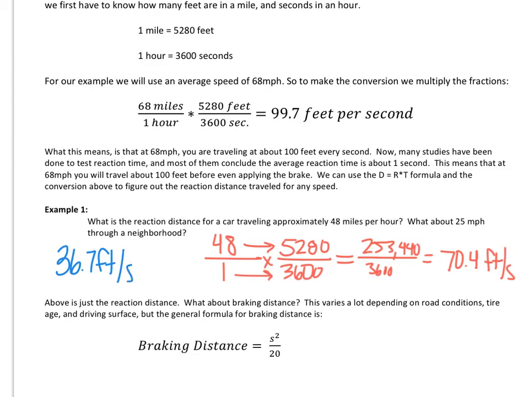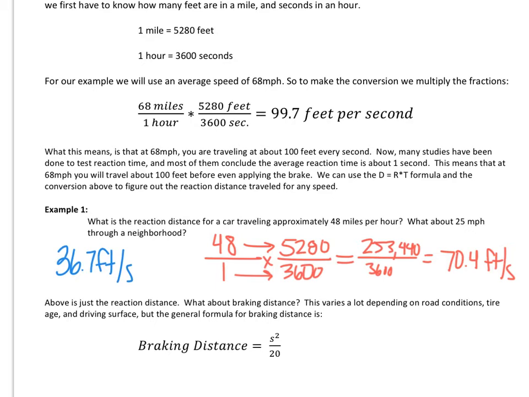That's going a pretty good distance in just 1 second, especially if somebody or a kid goes out for a ball in the middle of the street and jumps out in front of you and doesn't see you. That could be a difference of hitting a kid or not.